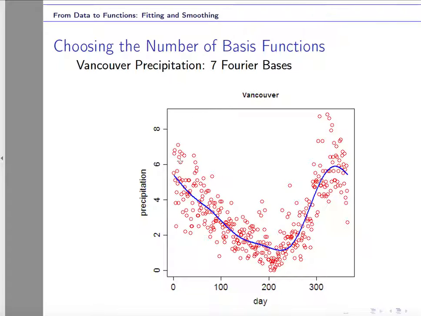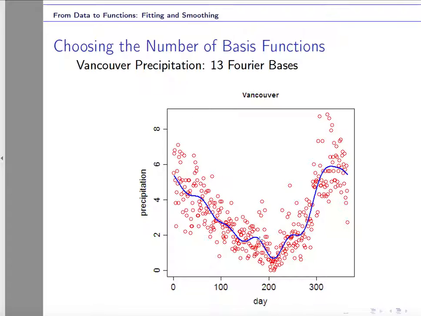If we have 7, it's still pretty good. And if we have 13, we suddenly see a lot of small wiggles here. When using 13 Fourier basis functions, the function becomes not smooth enough anymore.